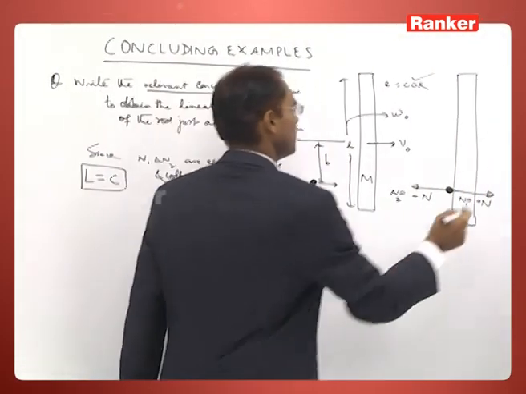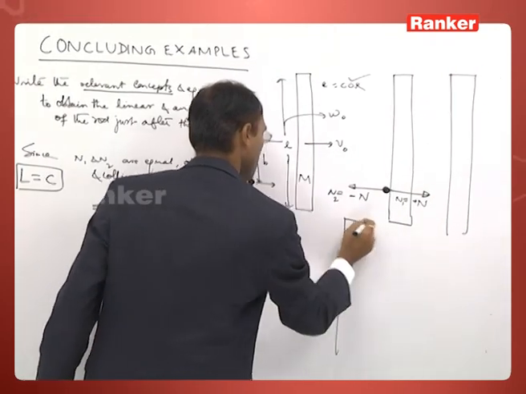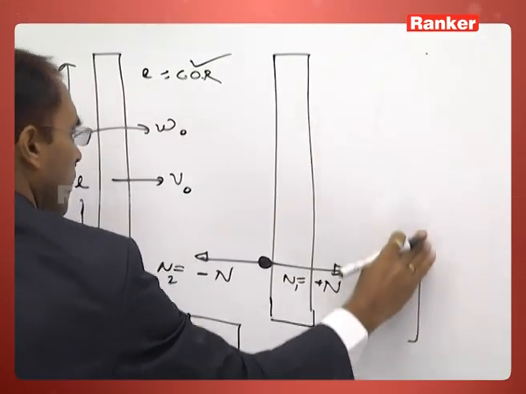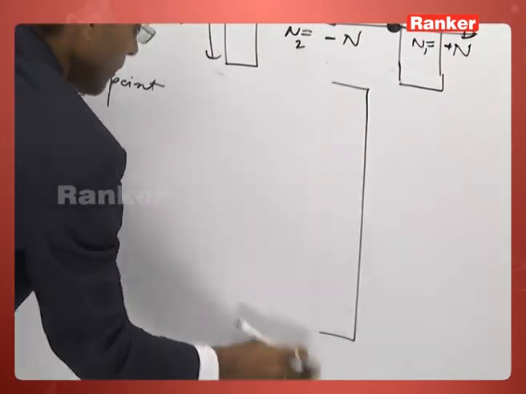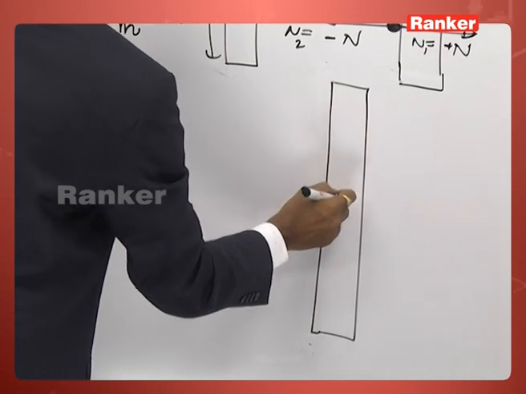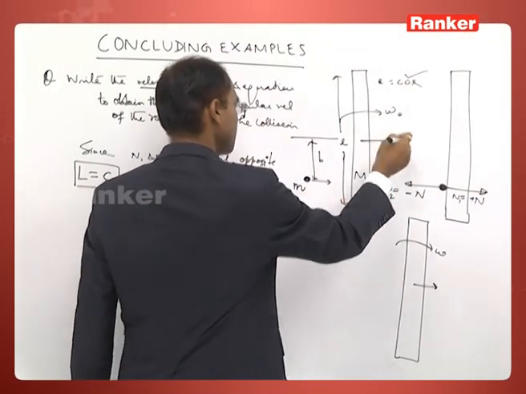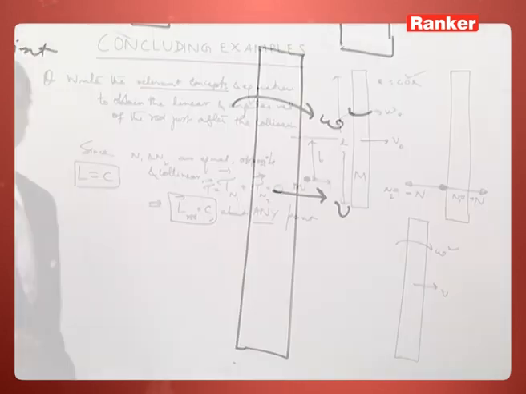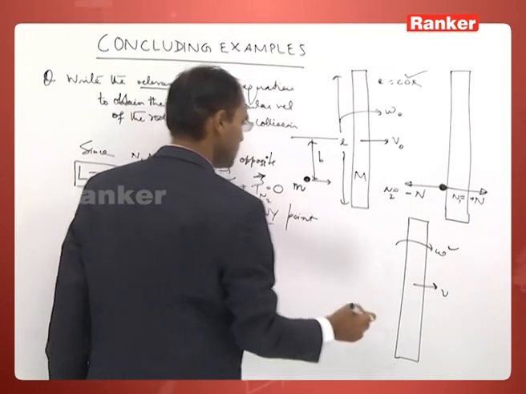Let us assume that the rod will get an angular velocity, will change its angular velocity to omega and its linear velocity to v, just after the collision.